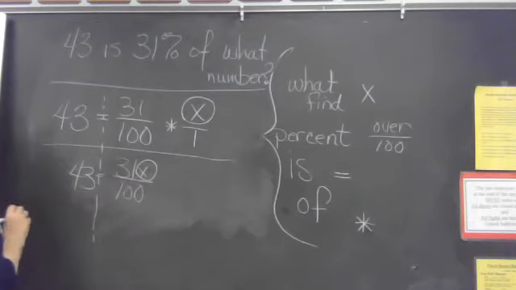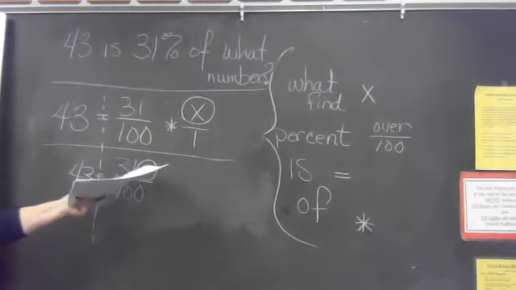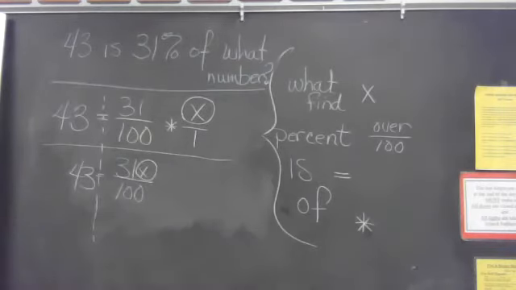Here's our variable. So what do we need to get rid of? Divide 31 and 100? We can do that. The one, I mean the X. Okay, we want the X to stay. So usually you don't like fractions very much. How about if we get rid of the 100?